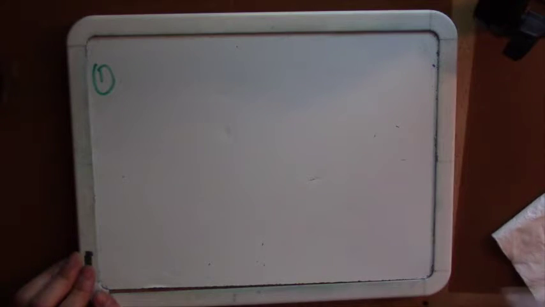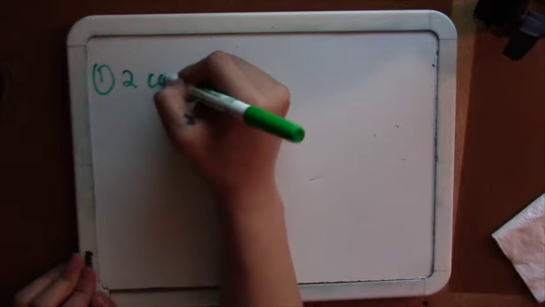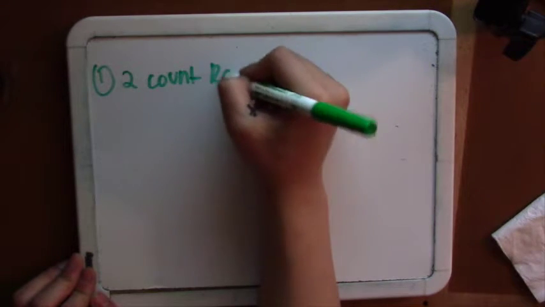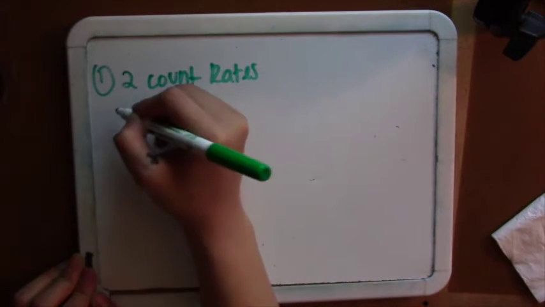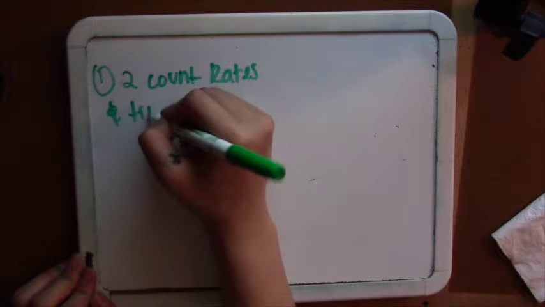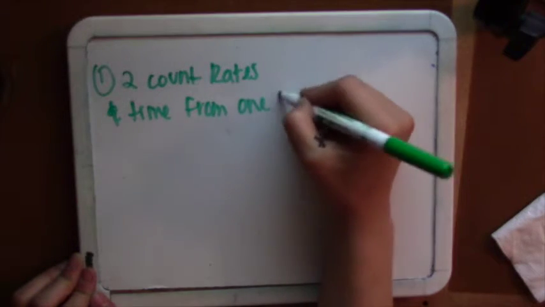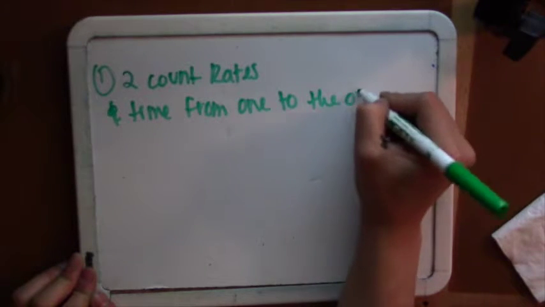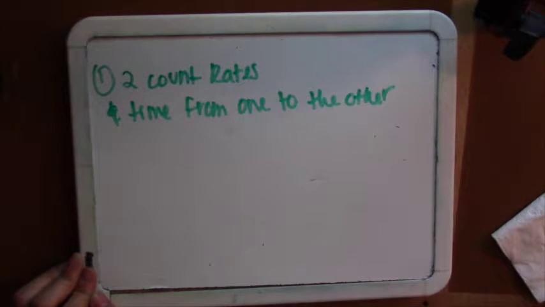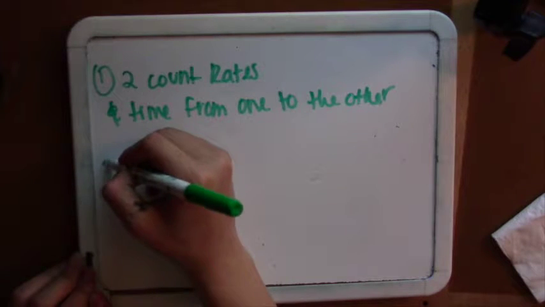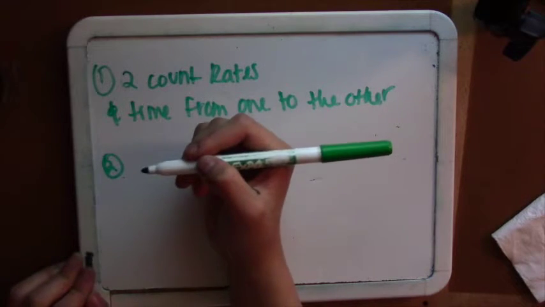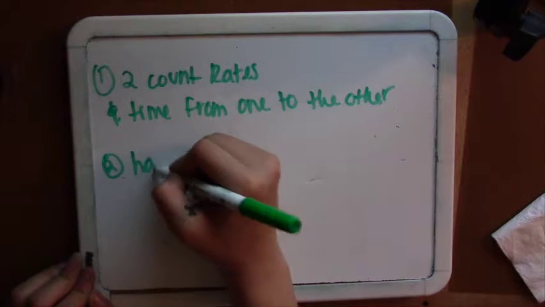So what you need to know is two count rates and the time from one to the other.